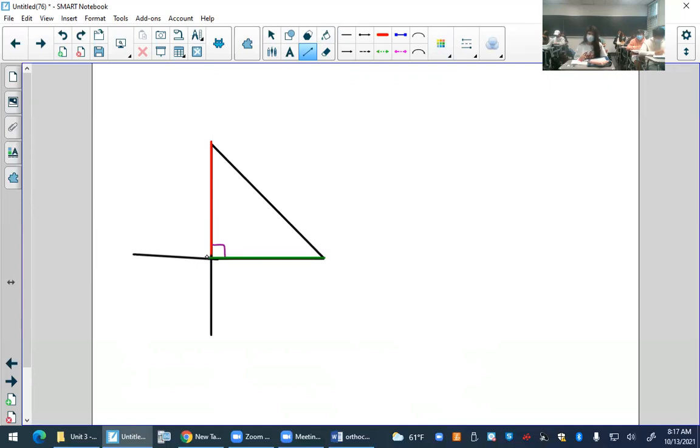So the orthocenter would actually be on the vertex where the right angle is. You see that? So the orthocenter of a right triangle is actually on the right angle itself.